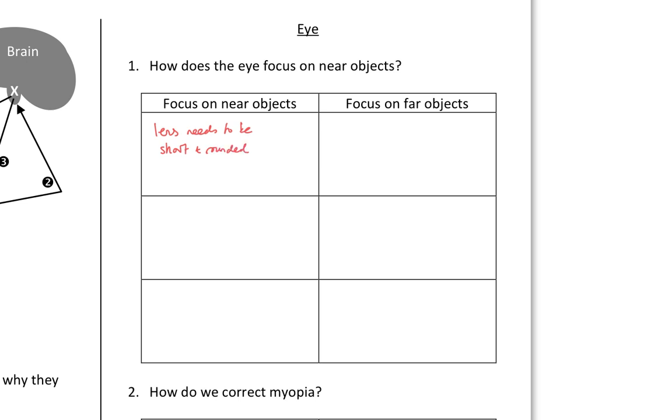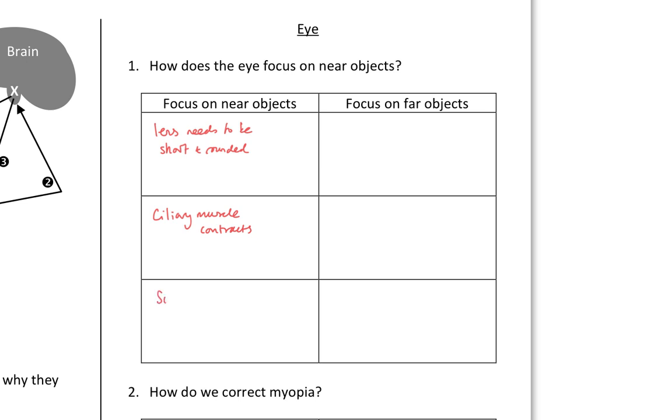To achieve that, I always think that when I look at a near object, my eyes get tired. So therefore the ciliary muscle, that gets me one mark for knowing it's the ciliary muscle, contracts. And when it contracts as a ring of muscle, the diameter gets smaller. That takes the tension off the suspensory ligaments.